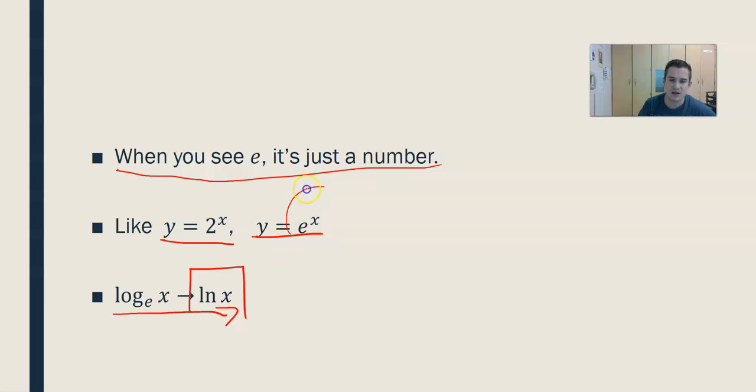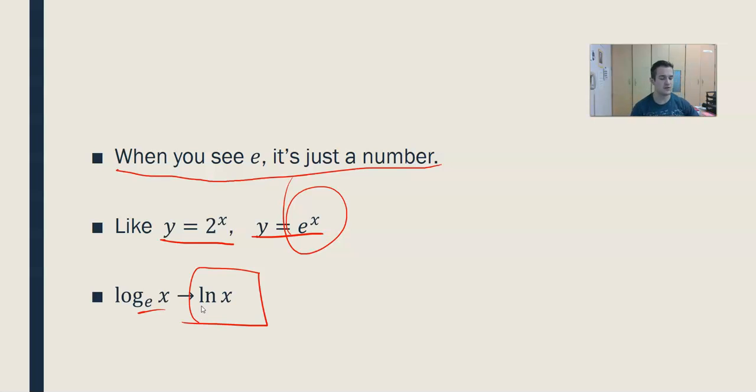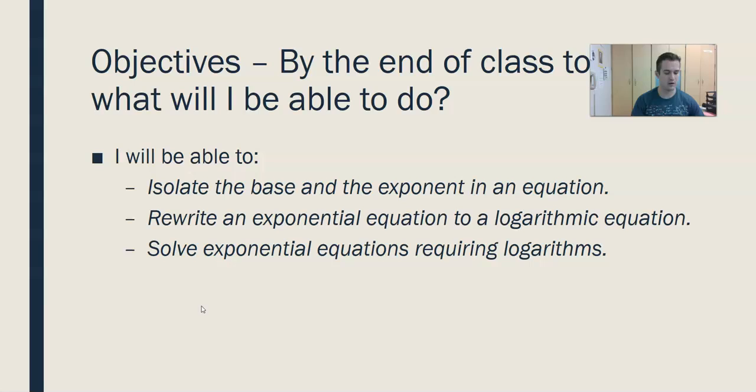So e to the x is sometimes referred to as a natural expression, and ln is the natural log, or log base e. Just because mathematicians are lazy and don't want to write that out, you'll often see log base e written as ln. You'll see that a couple times throughout this unit, so just be aware.